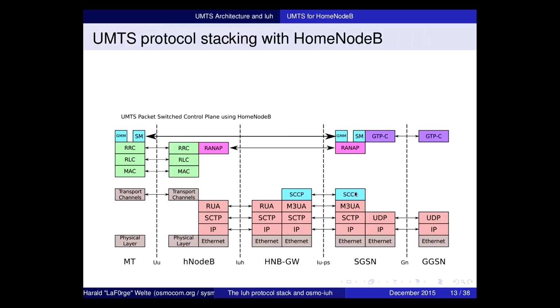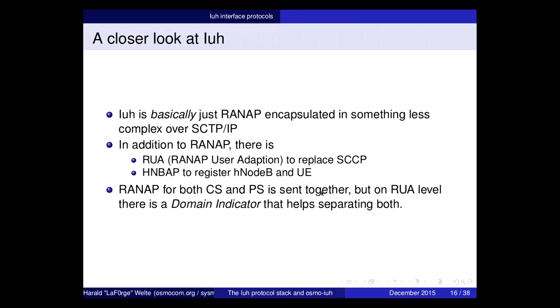So there's been some thinking along those lines, but the idea was to go sort of in a compromise. So what we're using here is yet another protocol called SUA, the SCCP user adaptation. And that replaces those two layers and keeps things a little bit simpler from the implementation side.